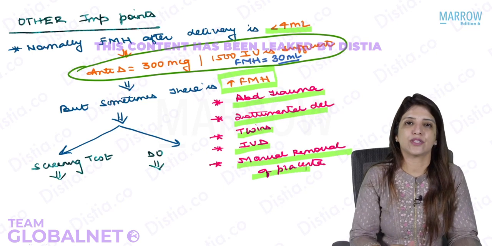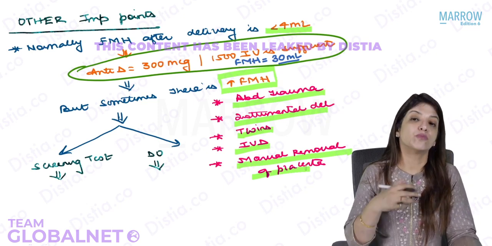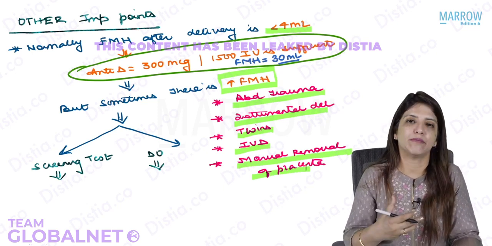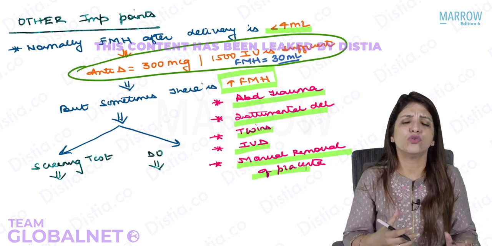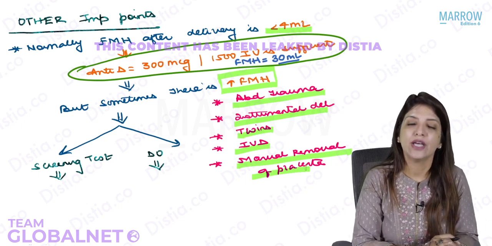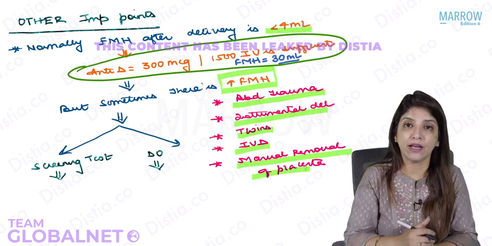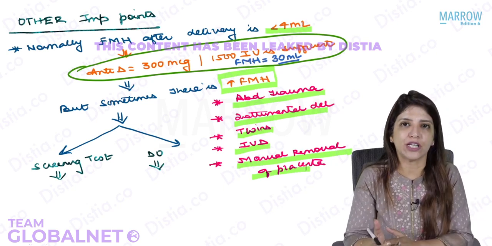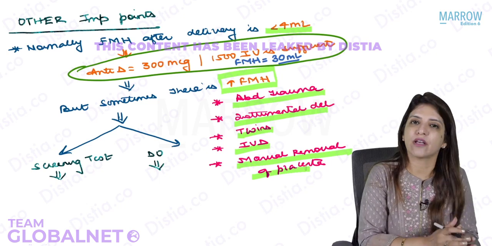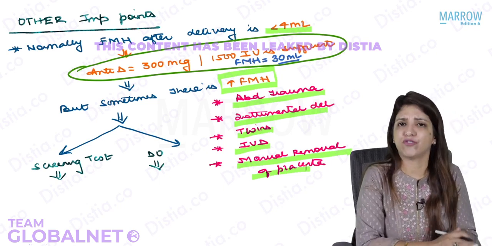So in these cases, feto-maternal hemorrhage is more. And if feto-maternal hemorrhage is more, I need to know how much is the feto-maternal hemorrhage. Is it more than 15 ml? Because if it is more than 15 ml, the dose which I am giving is insufficient.